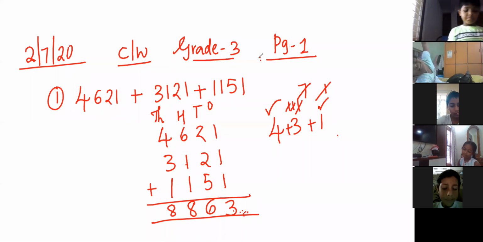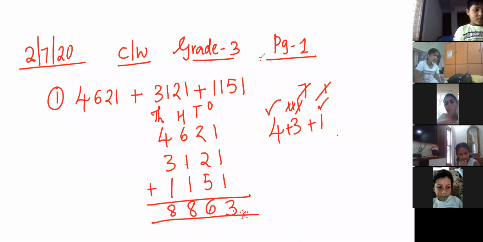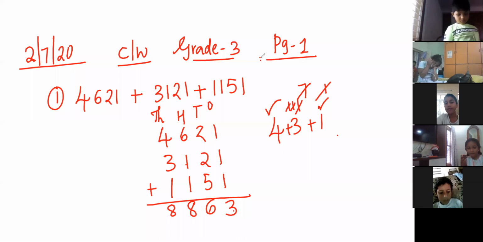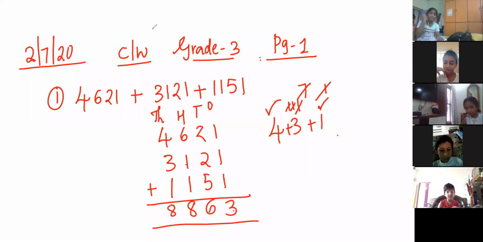All of you could hear me, right? Okay, children, once again read the number. What is the answer we got? It's 8,863. Now let us go to one more problem.